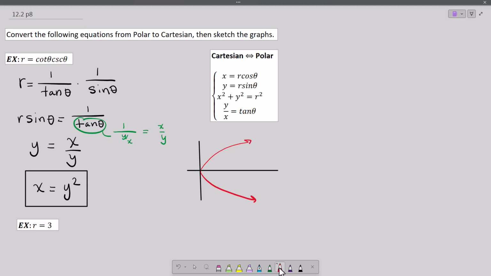Normally we're letting theta be anything, but if there was a restriction, then we would have to see if that somehow affected the graph. There's no restriction here though, so we're going to get that whole parabola. This is the equation of a parabola opening sideways. Not obvious. Right? We have to do the conversion, recognize the xy equation. We don't have any intuition for parabolas or lines or anything in polar at this point.